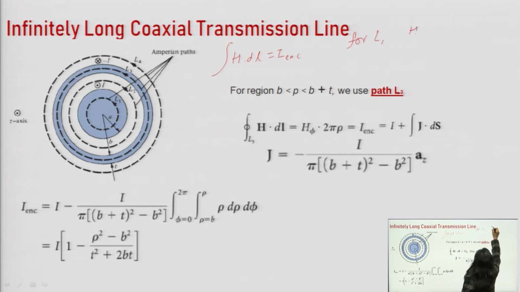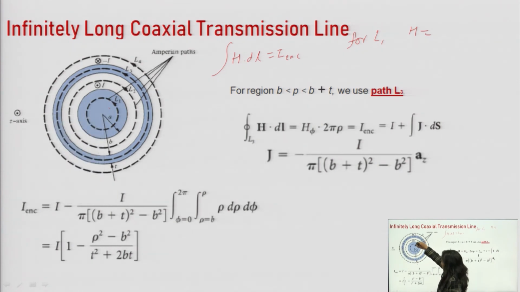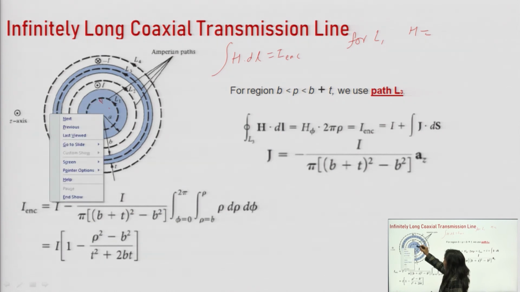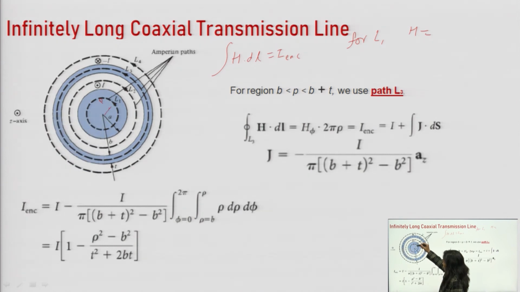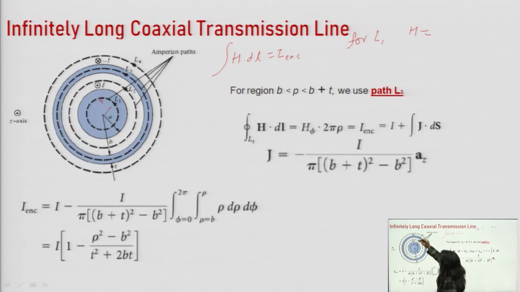If it is inside A, suppose this is the point where we want to find the value of the magnetic field, and the distance between the origin and this point is rho. This equation is okay, but I enclosed will change. What will be the value of I enclosed?